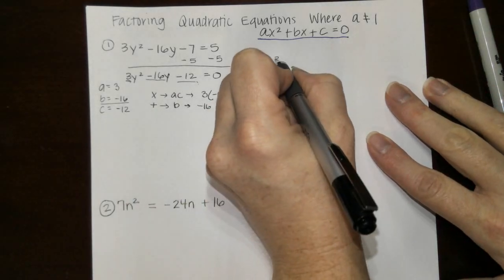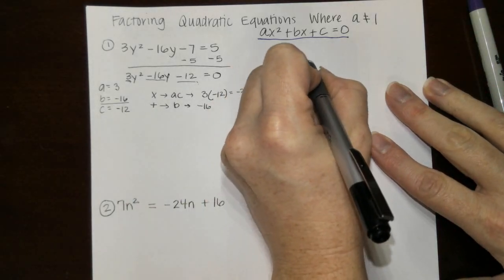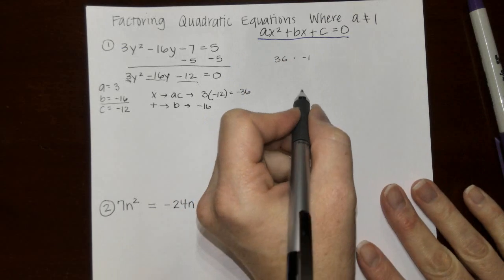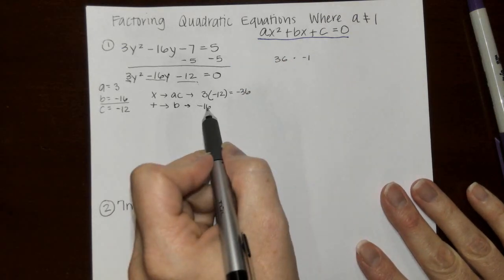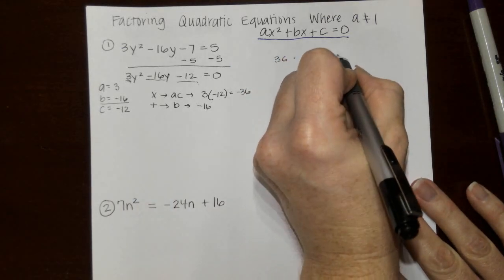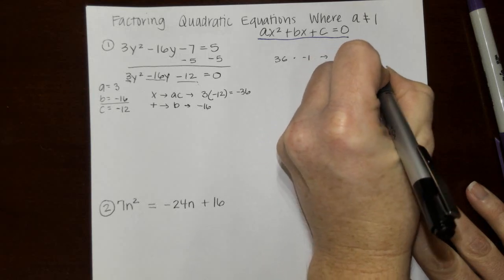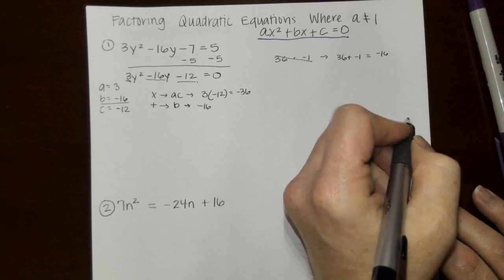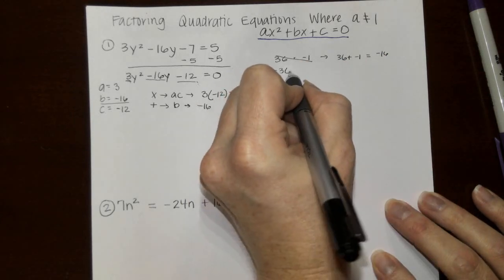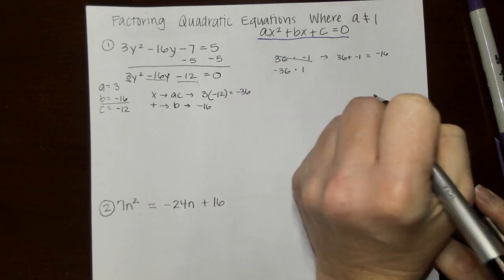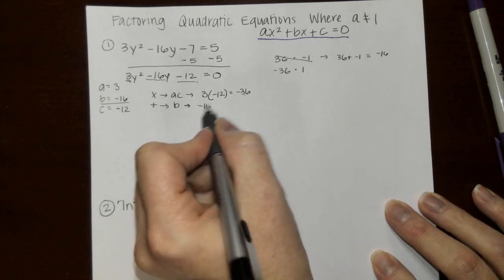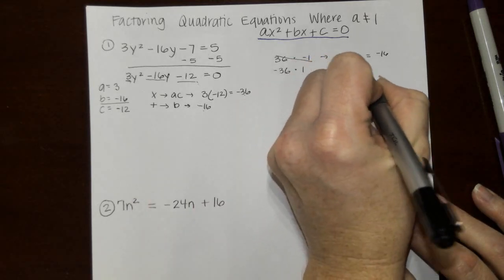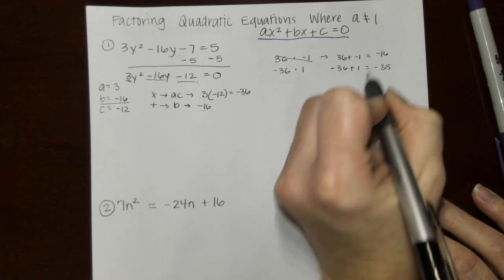So I can do 36 times negative 1, which would be negative 36. But when I add 36 plus negative 1, I don't get negative 16. So that's out. I can do negative 36 times 1, which would give me negative 36. But if I added negative 36 plus 1, that would give me negative 35.